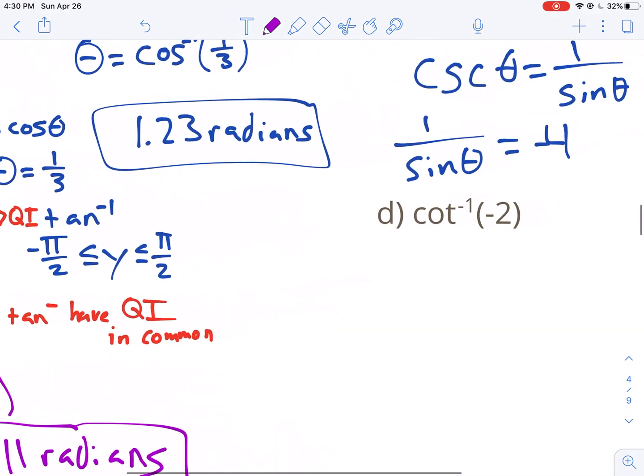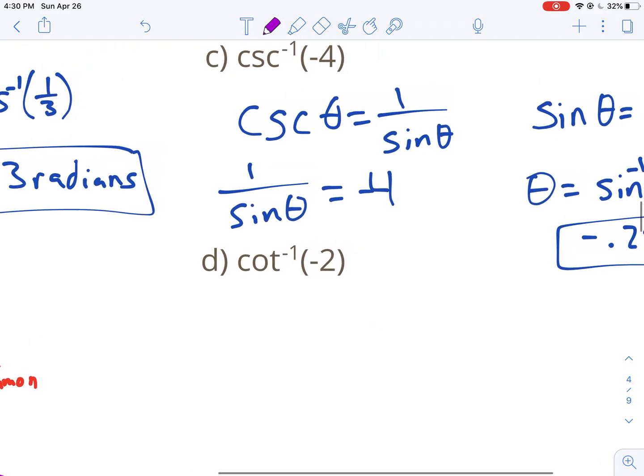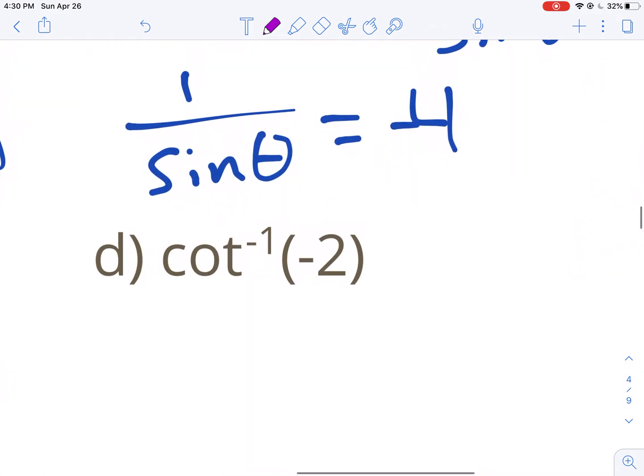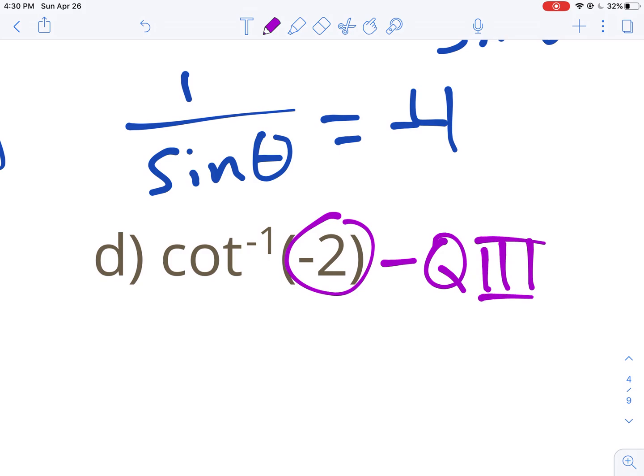This is going to change a lot when I get over here, because now I'm looking at cotangent of -2. Cotangent's between 0 and pi. So this means that this is a quadrant 3 angle.